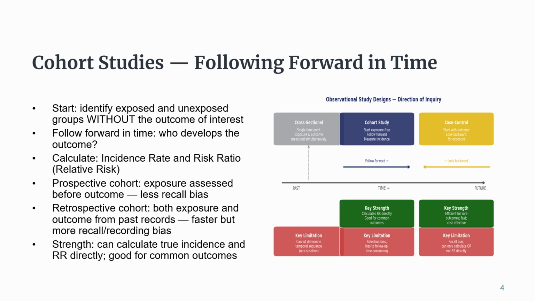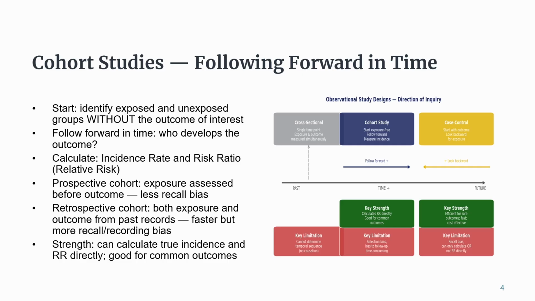Cohort study is the closest observational design to an RCT in terms of temporal logic. You identify two groups at baseline, exposed and unexposed, before anyone has developed the outcome. Then you follow them forward and count who develops disease.